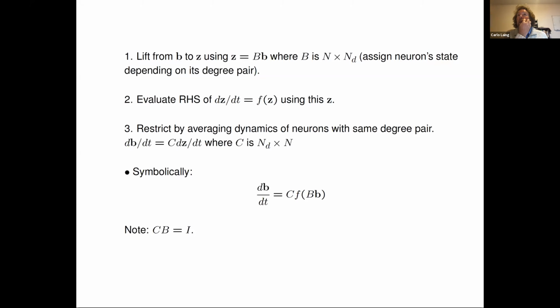It's basically 1 over something, where something is the number of neurons with that same degree pair. So I hope that gives you some insight into what E is. It's kind of hard to visualize E or really say what it is, but that's the description of how you calculate E. Thanks.